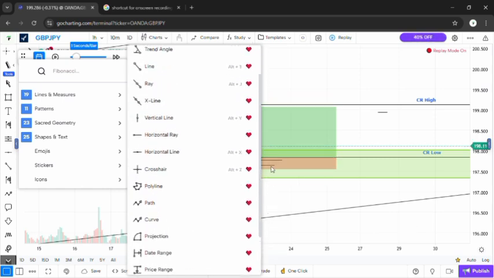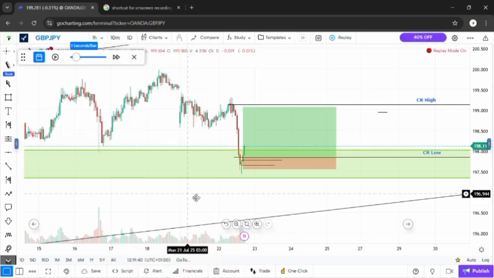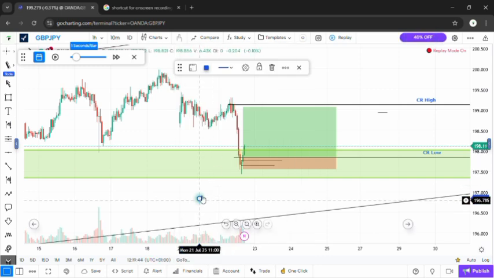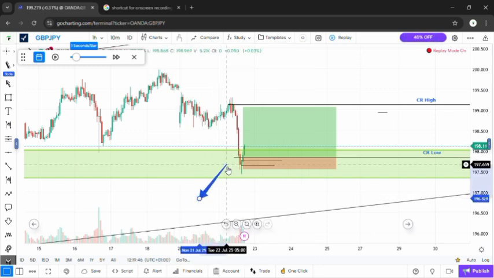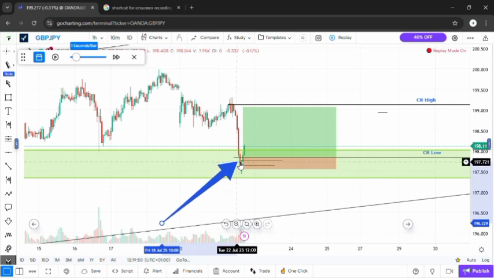Now, looking at this candle here, you will see that this candle is a bearish candle. It swept the previous 4 hour candle.